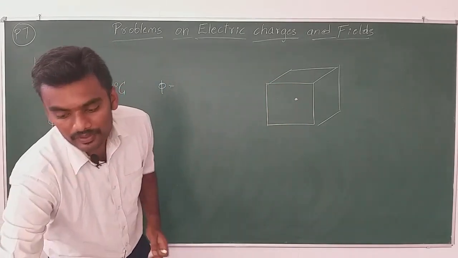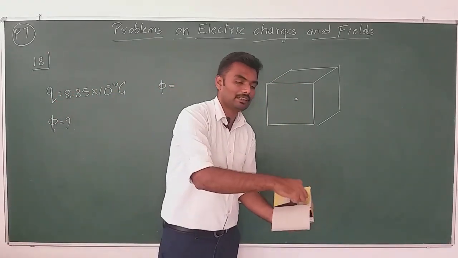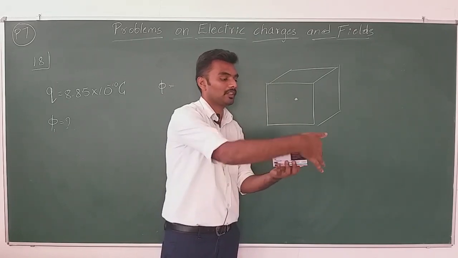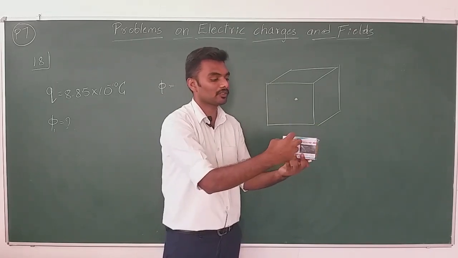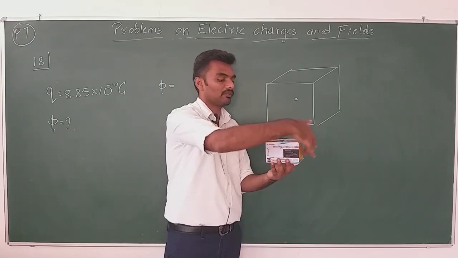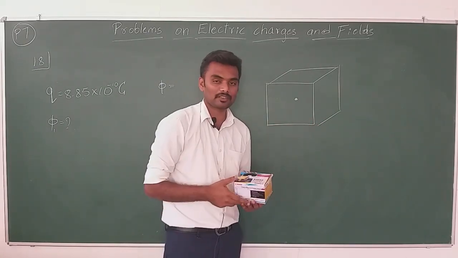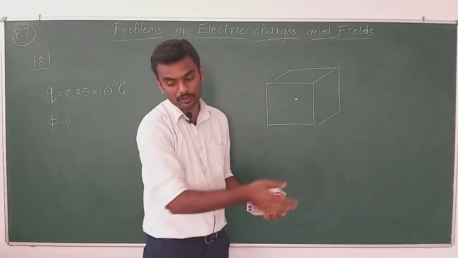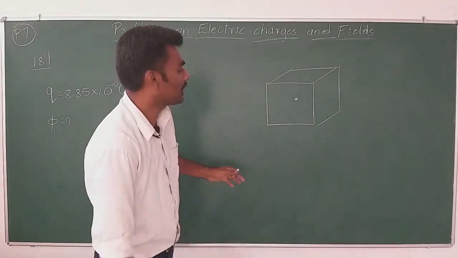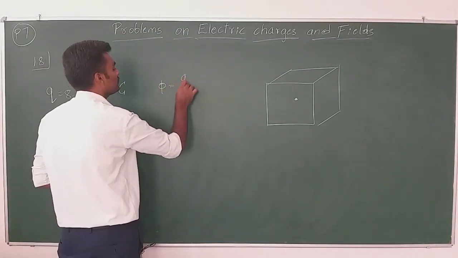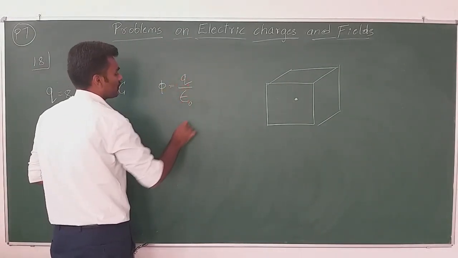So when the charge is inside, this cube has 6 faces, and all of these surfaces will experience flux. Now the total flux experienced can be obtained using the simple formula, which is phi is equal to Q by epsilon naught.